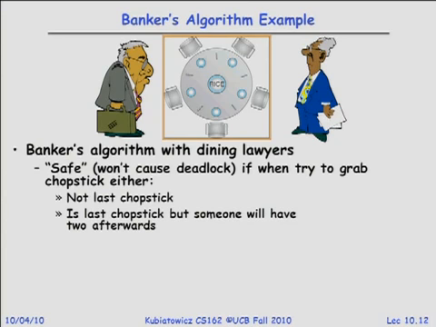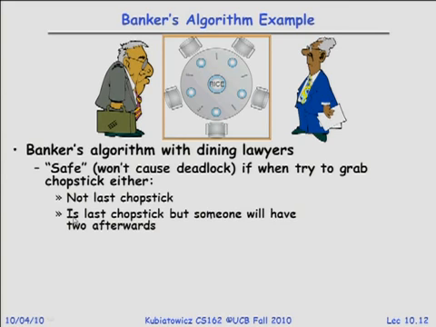I already have 1. There's 1 left, so I know at least I can finish. Grab 1 more, finish. I'll put 2 back, and now everybody can go on from that point on, so we're not deadlocked. Now this last example here is the last chopstick, but at least somebody will have 2 afterwards.